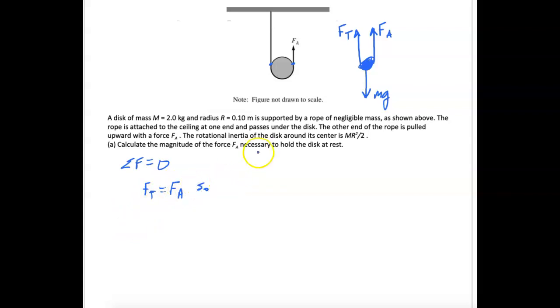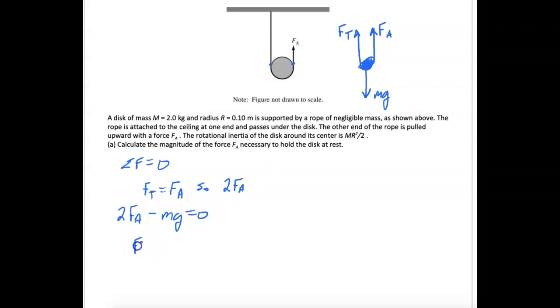So we can say that since we have two forces here, the force up is just going to be 2 times FA. And we are trying to calculate FA, so that would make sense. Now at this point, since these are both FA, we have 2FA pointing up, so that's 2FA, minus, and then pointing down is mg, and that is equal to 0.